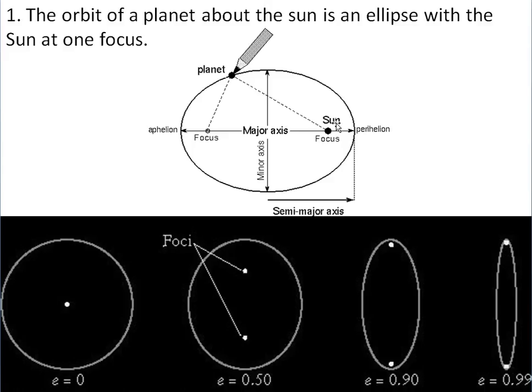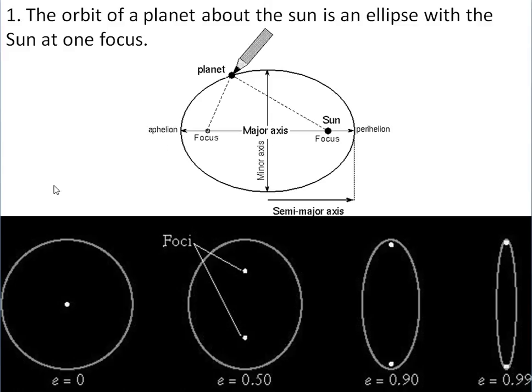If you know these two distances, the aphelion and the perihelion, you can add them together and you get the major axis, and then you can divide that in half and you get the semi-major axis. So the semi-major axis equals the distance to the aphelion plus the distance to the perihelion, divided by 2. You divide that sum by 2.